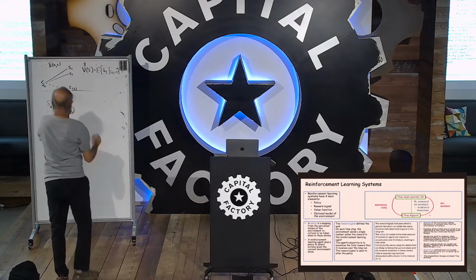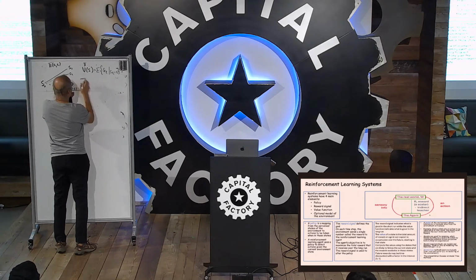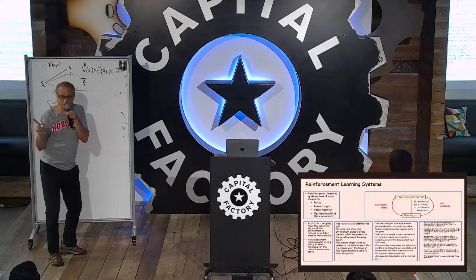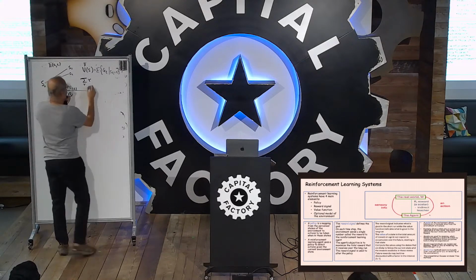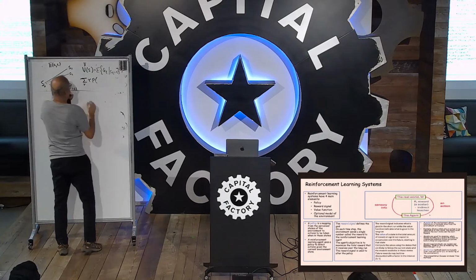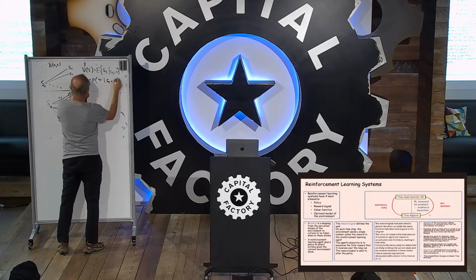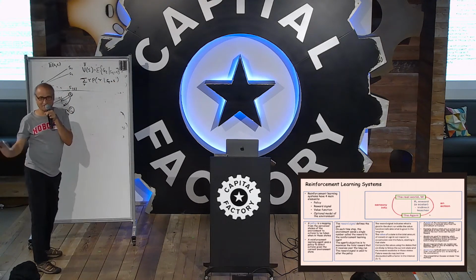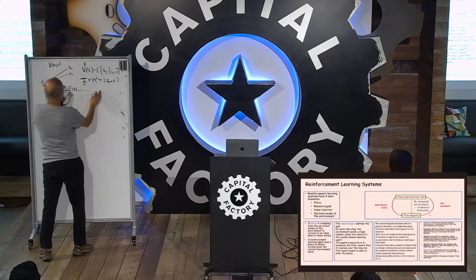If G_t is the reward, then the expected value is the summation over all the rewards that you have, R times the probability of R given S_t equal to S. Correct? Now you have the probability.